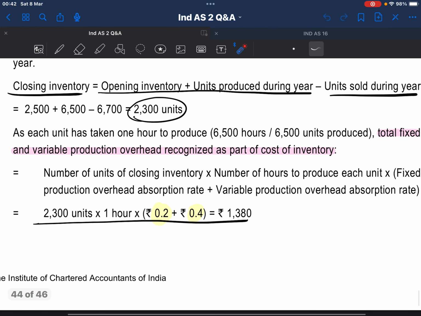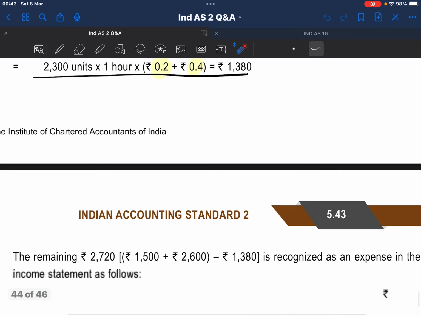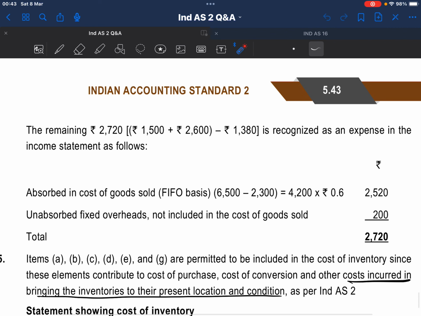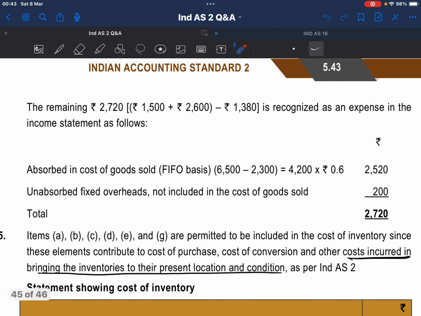Total fixed and variable production overheads recognized as part of the cost of inventory is 2,300 units into 1 hour into 0.2 plus 0.4, which gives 1,380. Now the fixed overheads 1,500 plus the variable overheads 2,600 minus the total absorbed 1,380 is recognized as an expense in the income statement as follows.